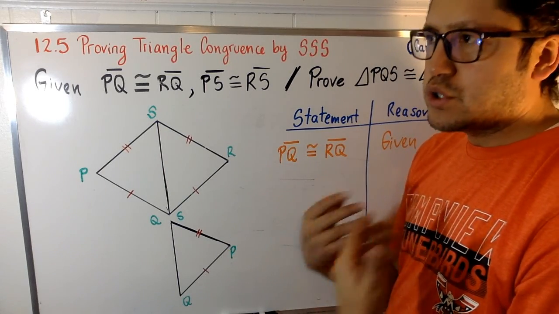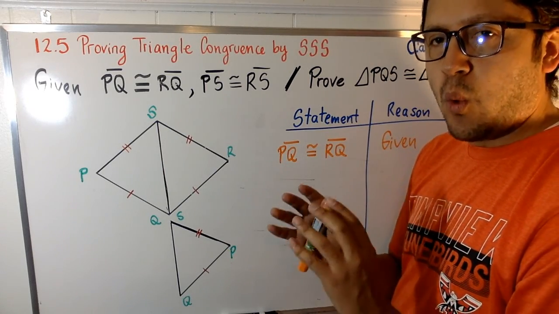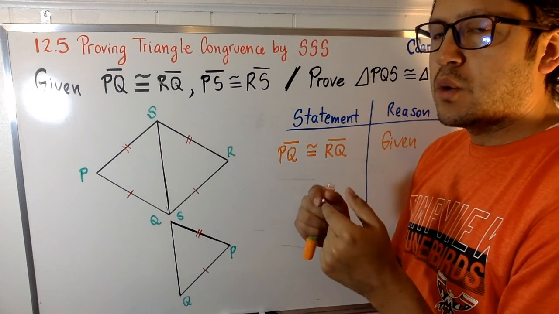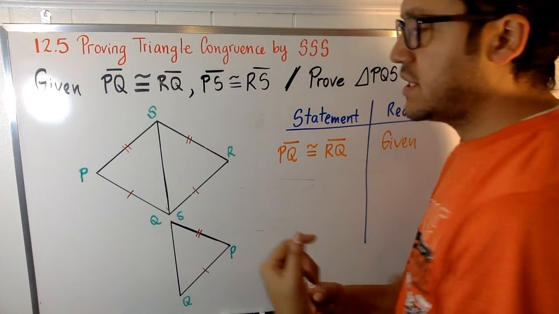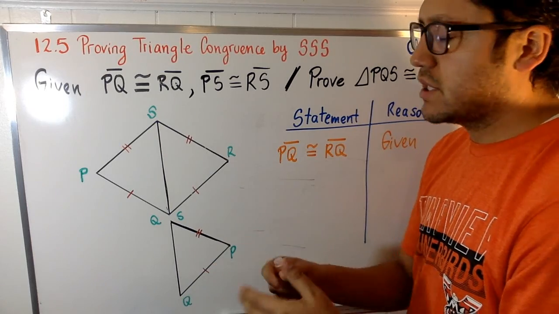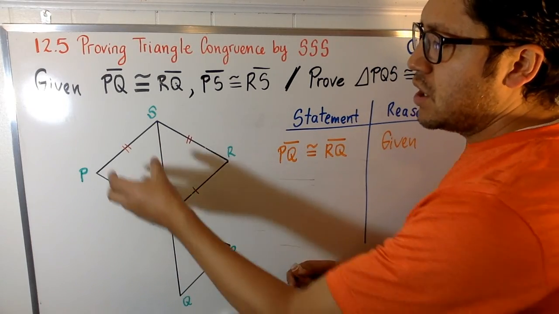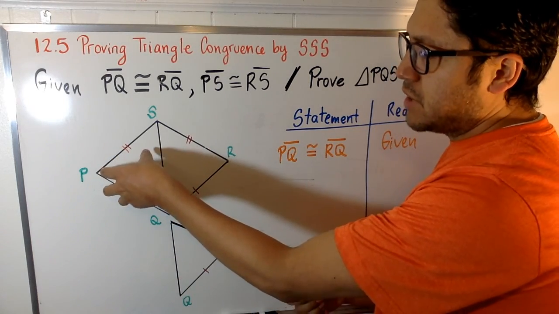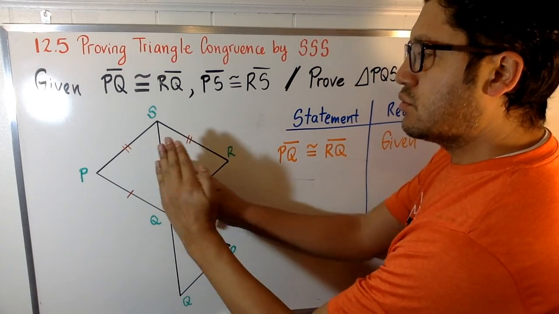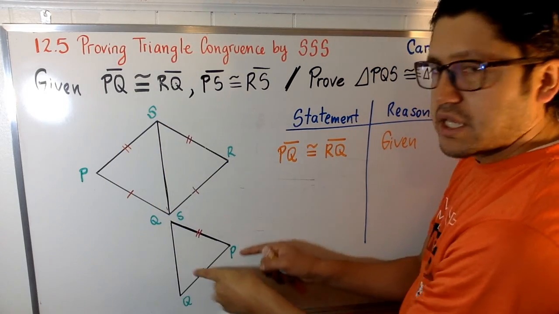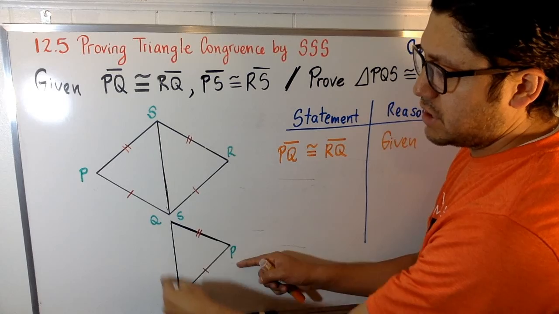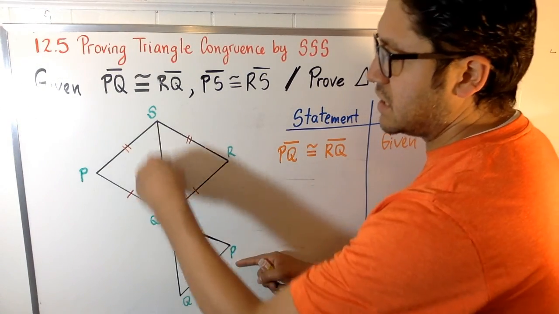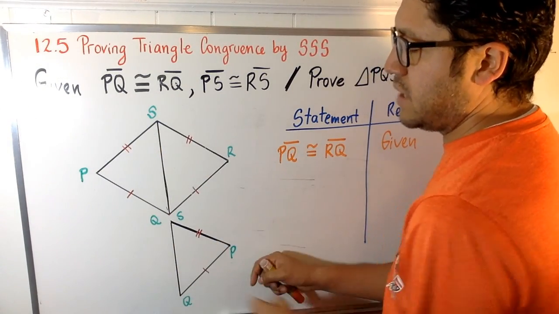I'm going to reflect it here and then translate it here. So this triangle here is the same triangle PQS.